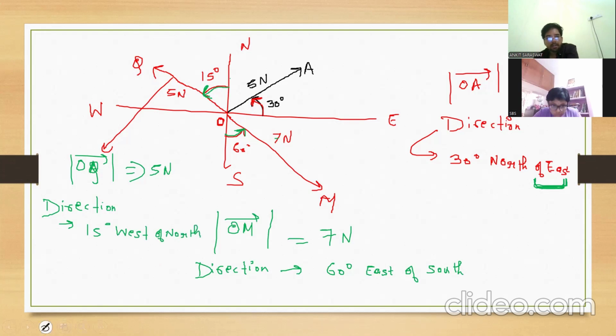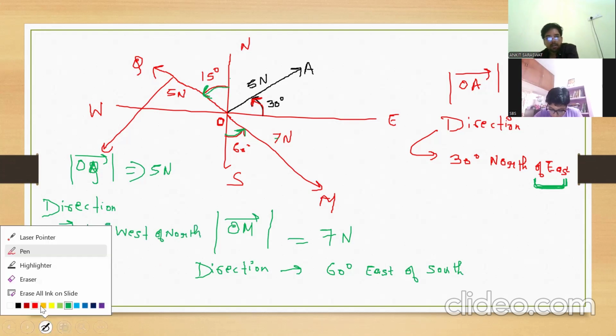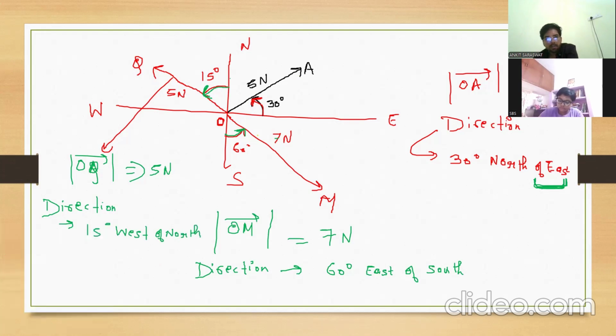If I draw another vector like this, 9 Newton, you can take 70 degree. Tell me for this.